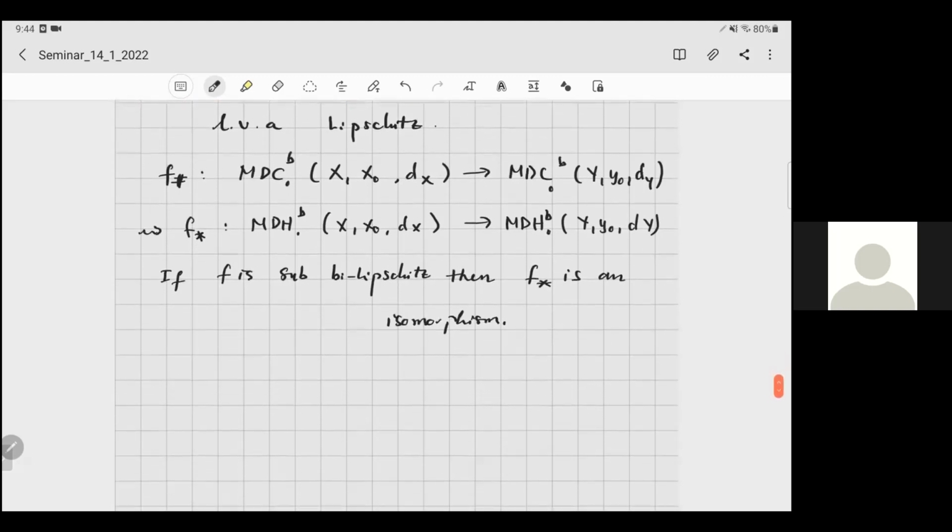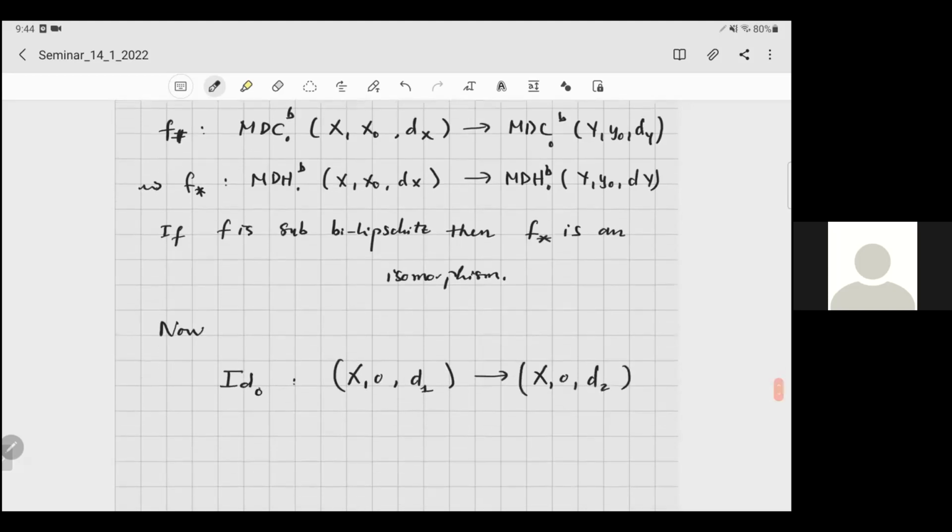So now, instead of considering f, we consider the identity map. Now we take the identity map from the term x with d1 to the term x itself with d2, two different metrics.